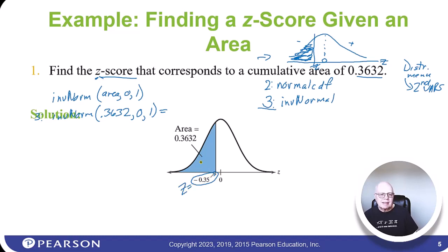That should make sense, because in this picture we drew up here, it's not to the halfway point yet. At the halfway point, our z would be 0, but we're still over here in the negative part. So z of negative 0.35 should make sense to you.